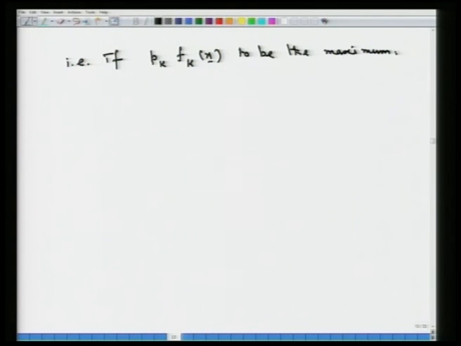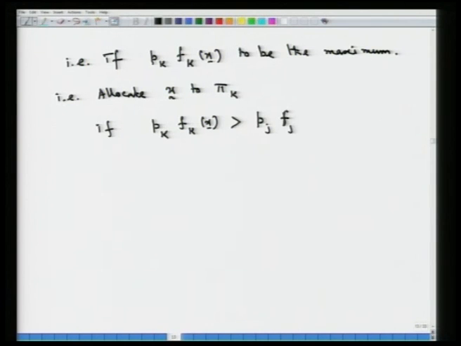So, if we have got to be the maximum, we are essentially looking at this rule that we are going to allocate x to pi k if we have got, I said that this pk fk is the maximum. That is, if you have pk times fkx greater than pj times fjx for every j equal to 1 up to c with j not equal to k.